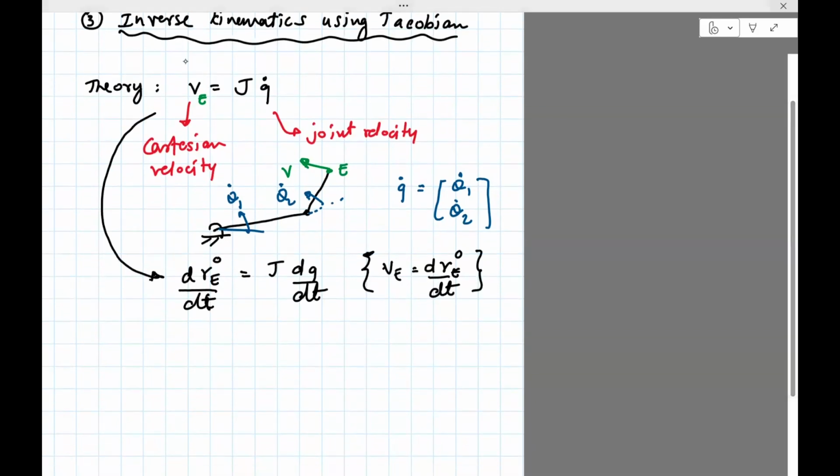Okay, so what we'll do is we'll get rid of the dt because there's a dt appearing on both sides. So dRE is equal to J times dq.